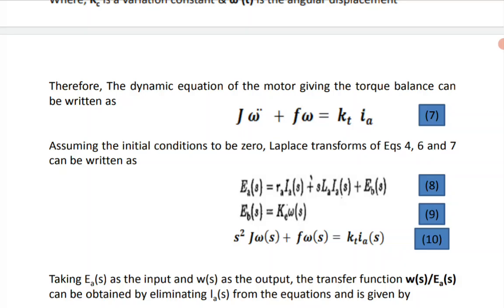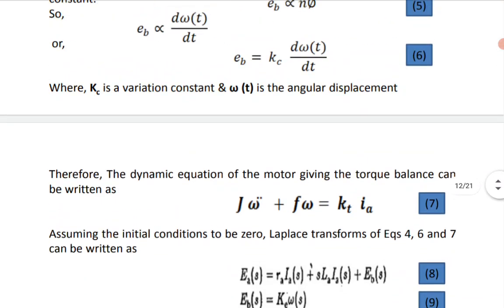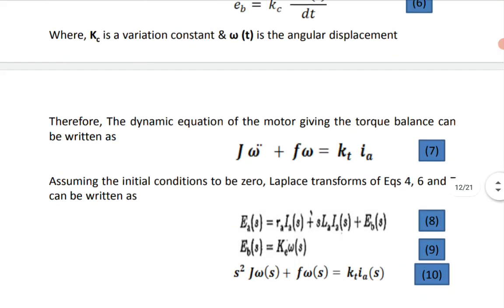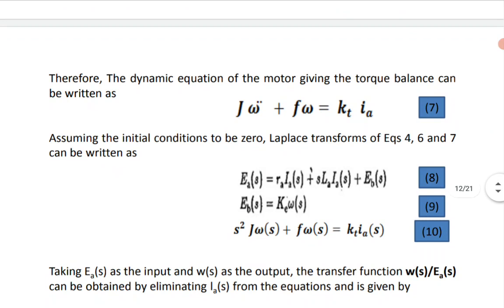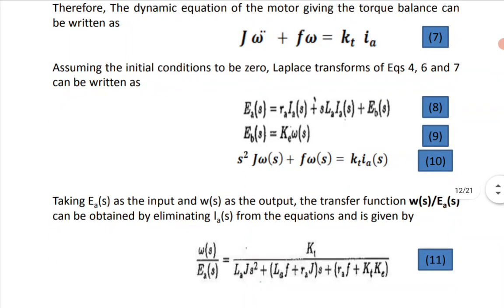That is E of S is equal to Ra Ia of S plus S into La Ia of S plus Eb of S, and for the next equation, Eb of S is equal to Kc into S into omega of S. Then equation 7 will be S square J omega of S plus F S into omega of S is equal to Kt into Ia of S.